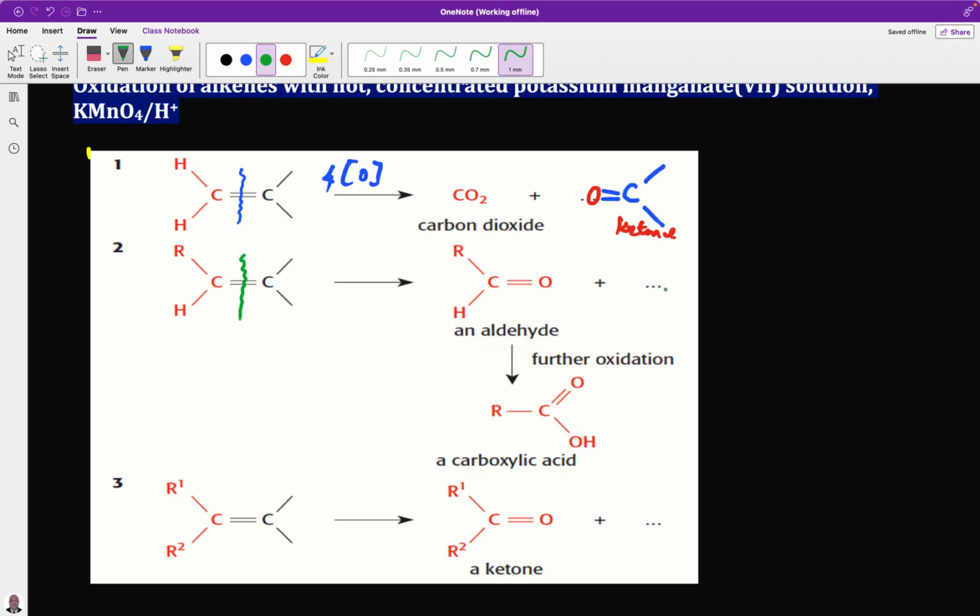There is carbon. That is that. The bond still remains like that. That is the bond that will be there. But remember, as I told you, it is under oxidation, a ketone.